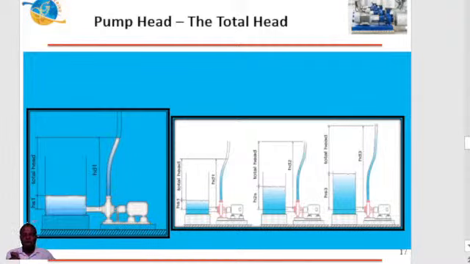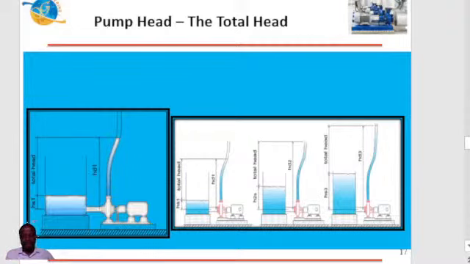That is why it's always advisable that you calculate the total head requirement, because it's a major requirement for you to select the right pump for any given application.